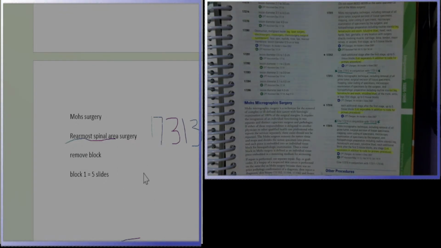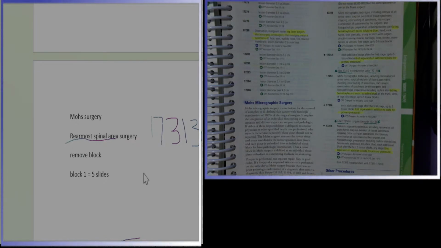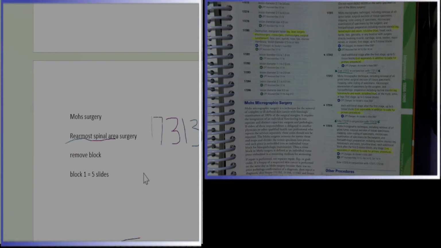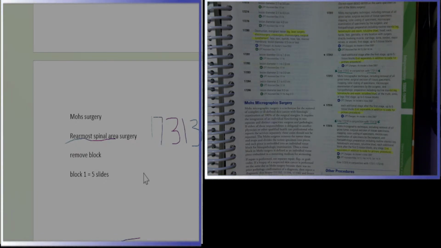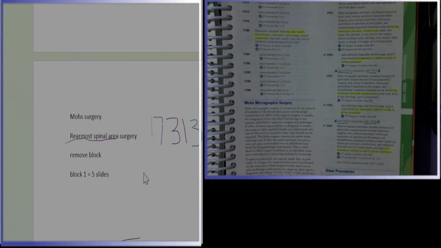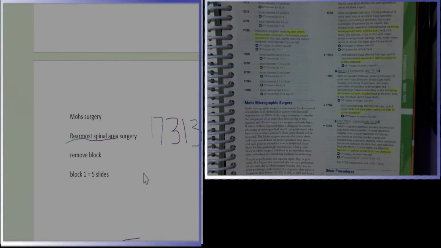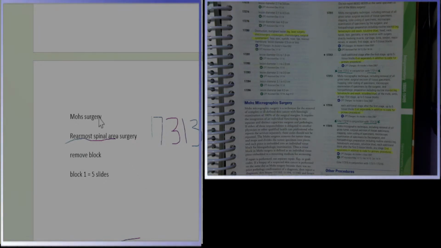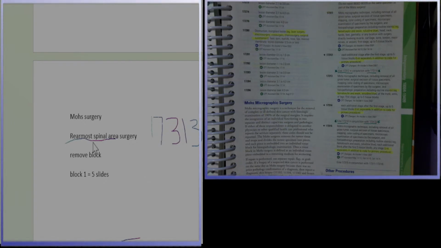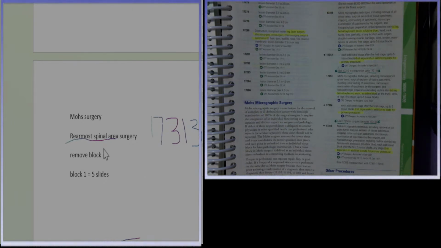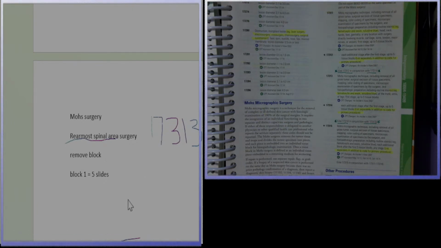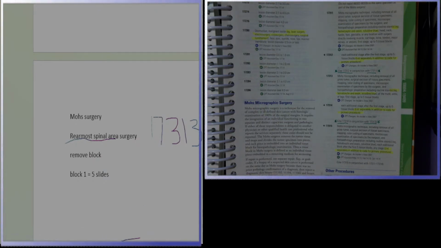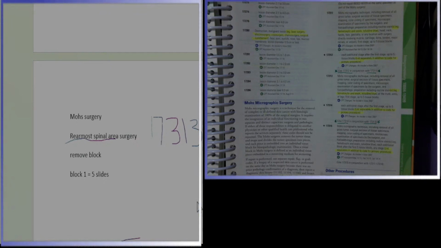Temple, it's going to be 13 because it's part of your trunk. The rearmost spinal area, I could have written lumbar area, something like that, but I was trying to say something other than your back. I thought about sacral, and I thought, well, that runs down your thigh.